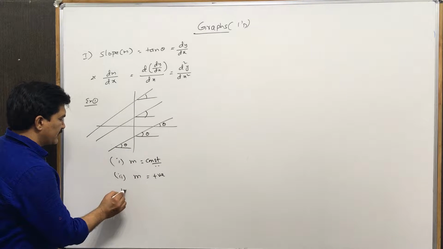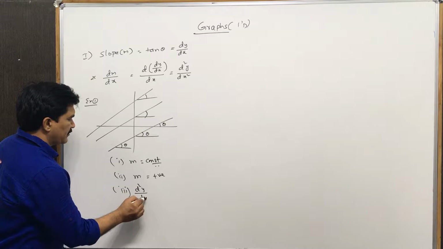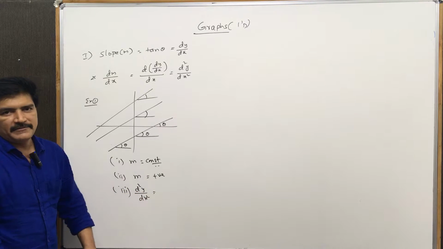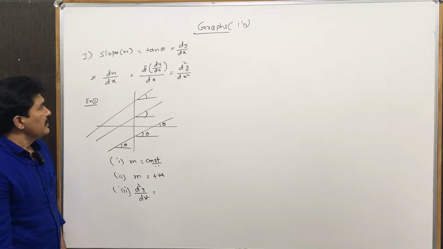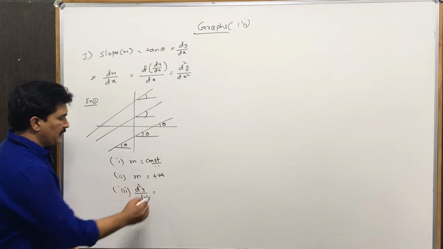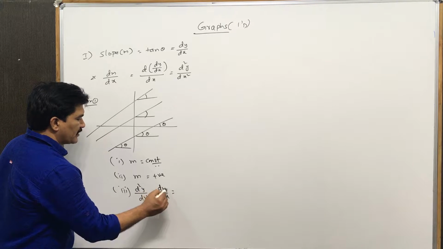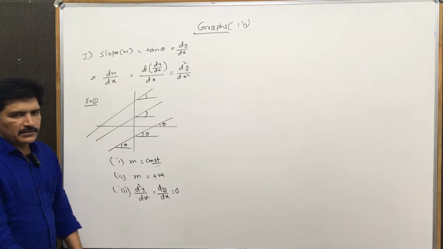And the next thing is d square y by dx square, the derivative of slope. As m is constant, this represents differentiation of m with respect to x, so it must be equal to 0.